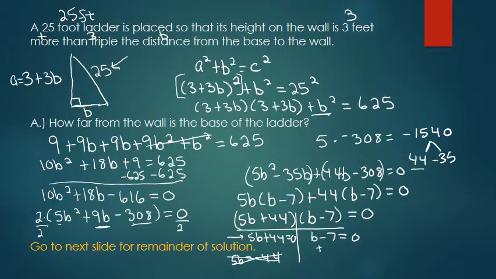But if I add 7 to both sides, I have a positive dimension, so I know that b has to equal 7, and the units are feet. Okay, and that is how far from the wall is the base of the ladder, so it's 7 feet. Okay, now I'm going to go to the next slide to show the answer for the next part of the question.